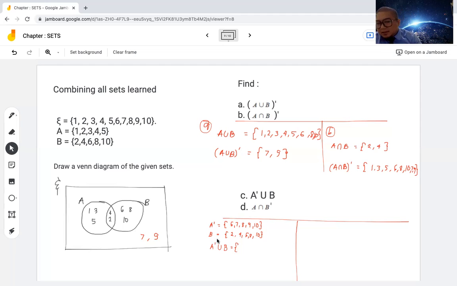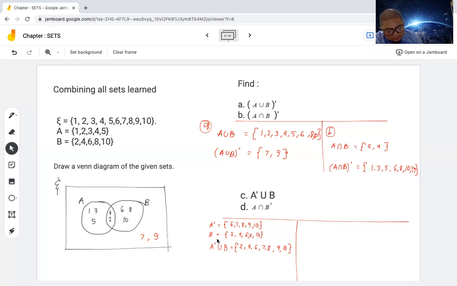However, once again, you should not be repeating elements that are the same. So I will have 2, 4, 6, 7, 8, 9, and 10. I hope you guys were able to understand that. You can just pause it, just like I said, if you would like to challenge yourself and answer the others.